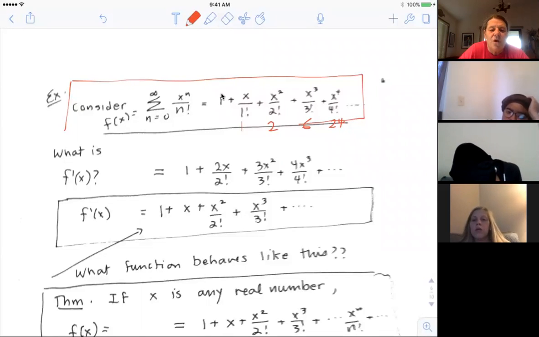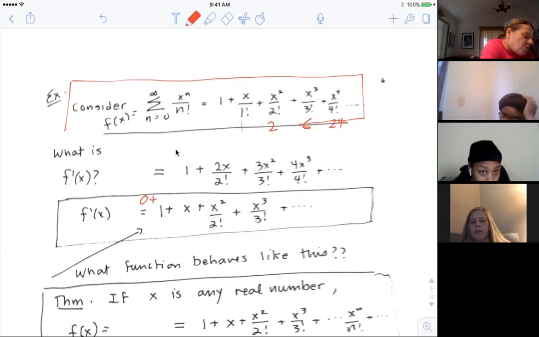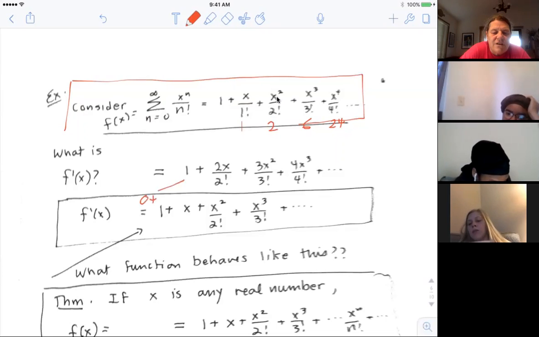It's 0, isn't it? The derivative of 1 is 0. Now, what's the derivative of x over 1? Derivative of x is just 1.